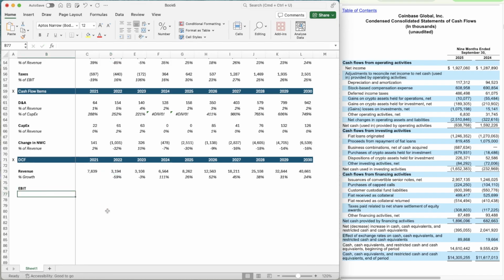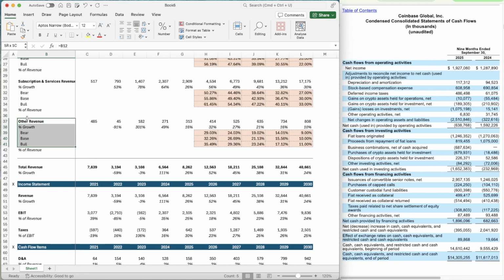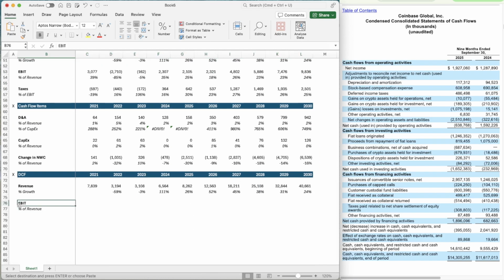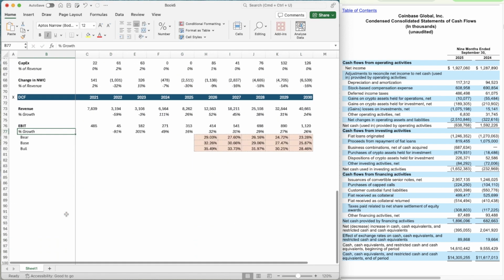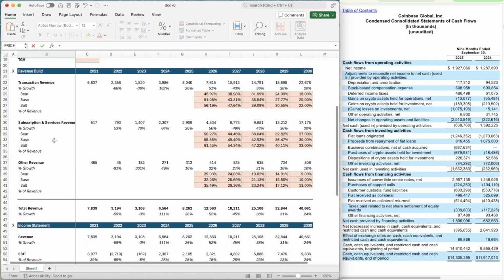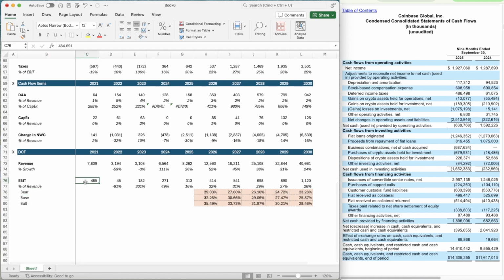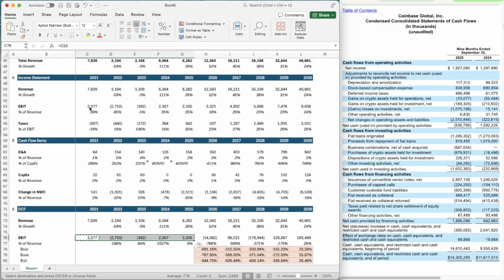We're going to build out a switch for it so that we can simulate different scenarios with EBIT. Copy the EBIT from what we did before, but only up to 2025.